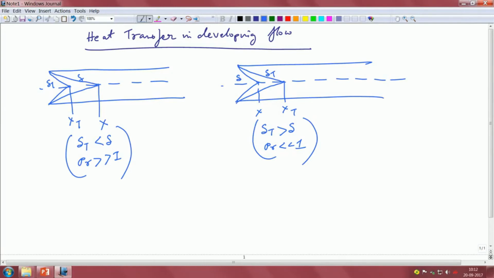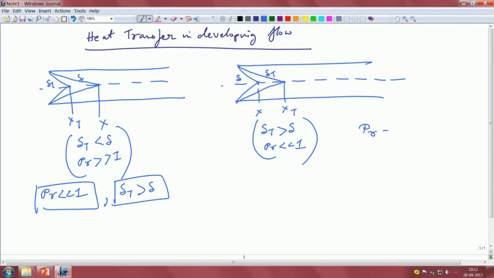So, greater than 1, less than 1. Let us take the limit of Prandtl number much less than 1, which means that delta T is actually greater than delta. Note that the definition of Prandtl number is gamma by alpha.